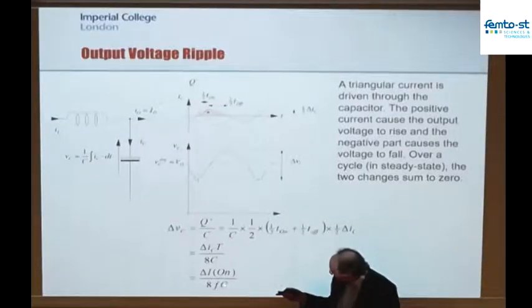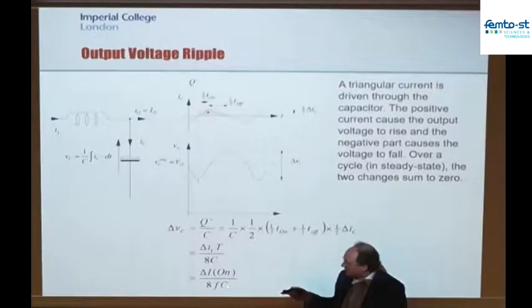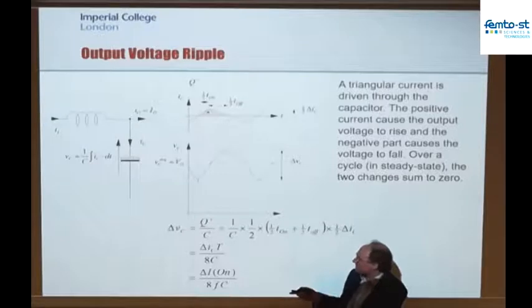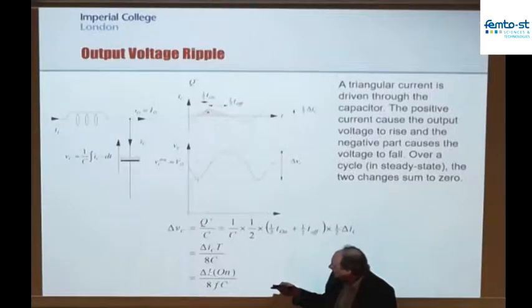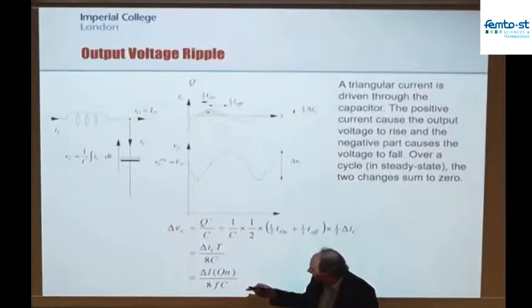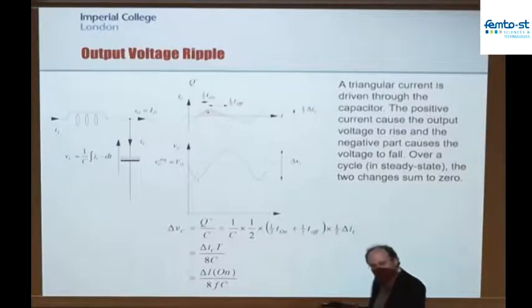It depends clearly on the capacitor. If I make the capacitor bigger, then the ripple voltage will go down. If I increase the frequency at which I switch the transistor, the ripple voltage will go down. If I make the inductor bigger, meaning that my delta I, that ripple current in the inductor, will go down, that will also decrease the ripple voltage.